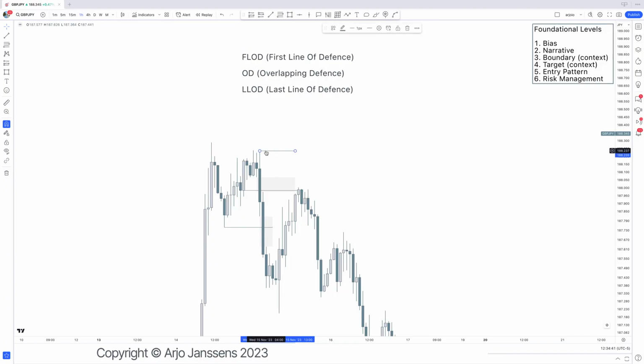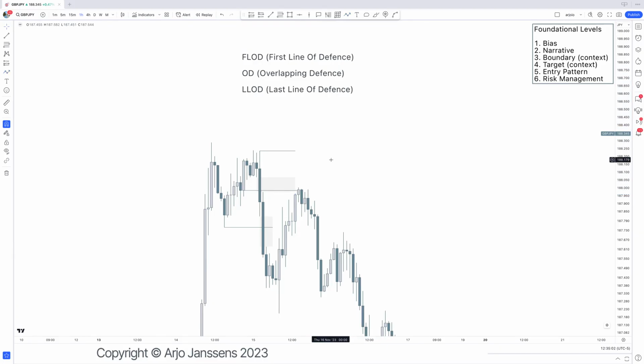Because this is the last premium array that can get swept, can get traded to that premium array to then continue lower. It is the last line of defense. Because if that doesn't hold, then the whole order flow lag is invalidated and basically discarded, and we then can look to continue higher overall.